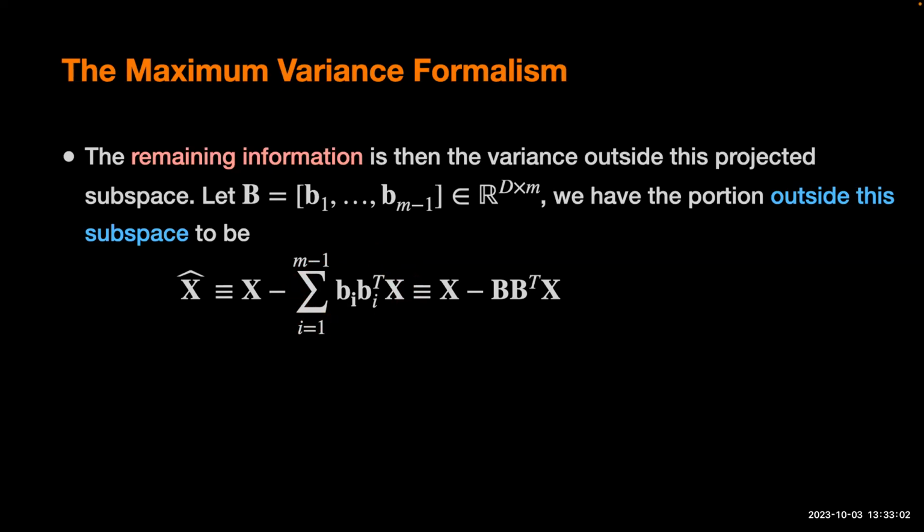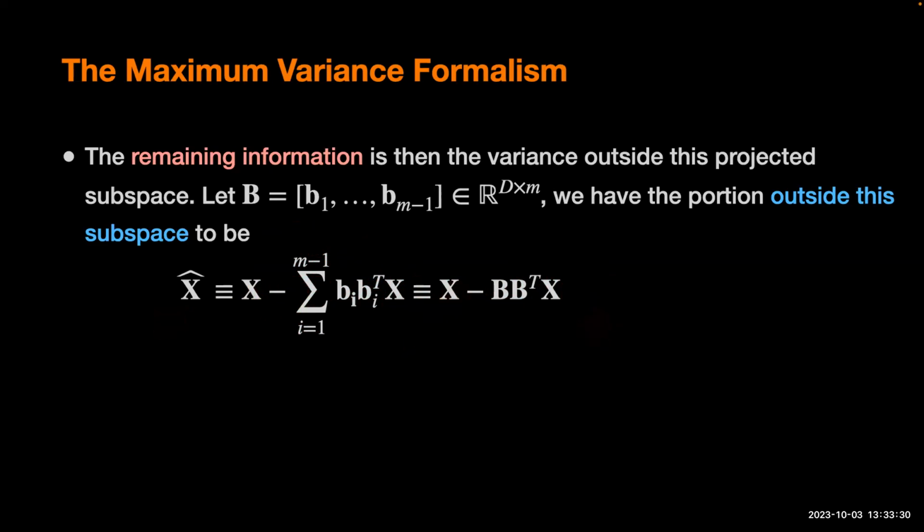And what is the new data? After I have projected the m minus 1 directions, the remaining data will be X, the original data, minus the projection, right? So that's the remaining variance that you could extract. This can also be written in a simple matrix form, X minus BB transpose X, which we call X hat.